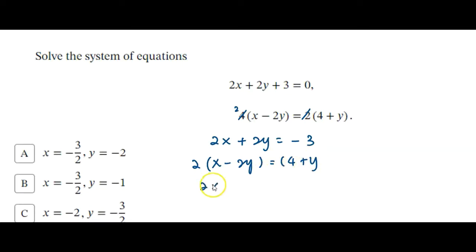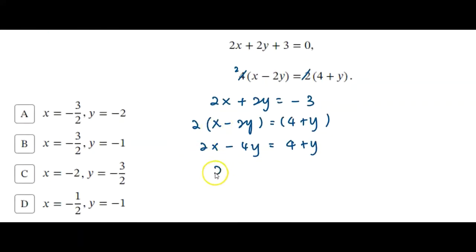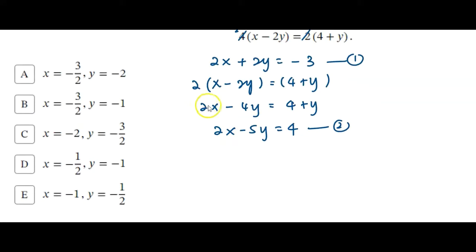Then simplify by collecting all the like terms. You collect the y terms together. You have 2x, negative 4y minus y, you get negative 5y equals 4. I'm going to name this equation 1 and this equation 2. From equations 1 and 2, you can see that I can use the elimination method to solve this.